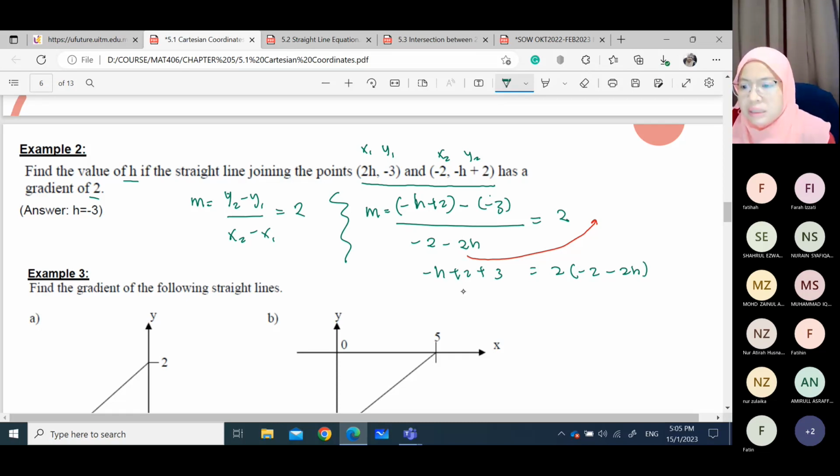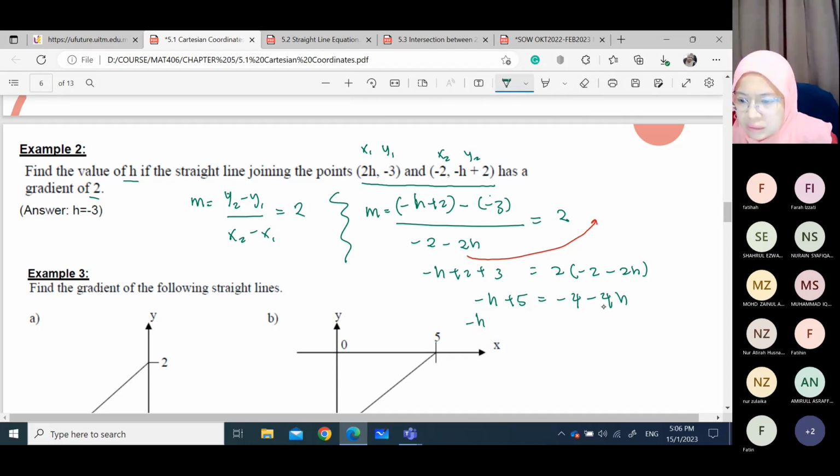Okay, solve. On the left hand side we have negative h plus 5, and on the right hand side we have negative 4 minus 4h. Next we move negative 5 to the other side and h to the other side. Then we will have a value of h.